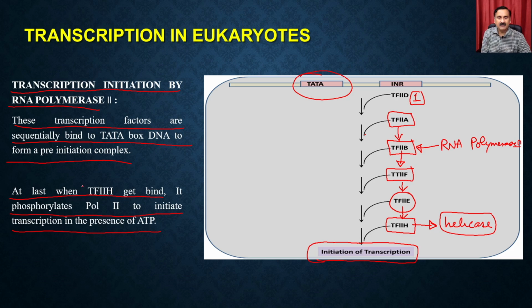In the last step, when the TF2H binds, it has intrinsic kinase activity, and that intrinsic kinase activity is going to phosphorylate the RNA polymerase. So once the RNA polymerase is phosphorylated, it has a lower affinity for that particular region of the DNA.